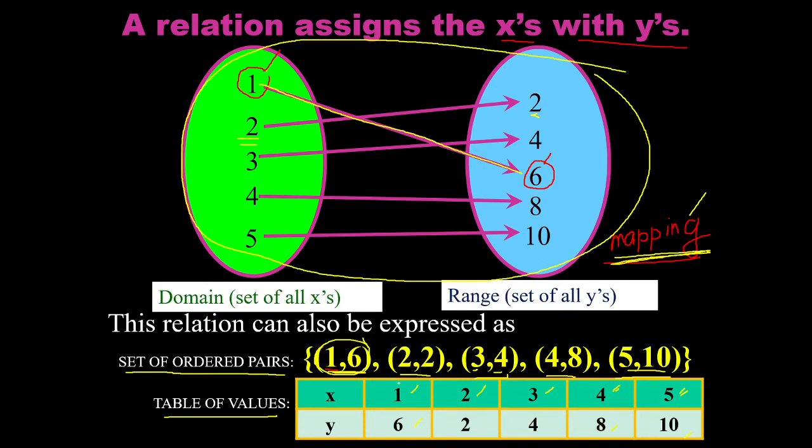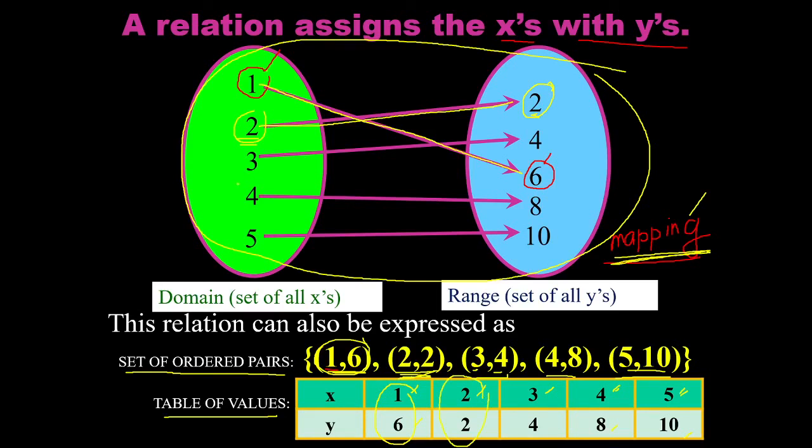And then you are gonna have in the table of values 1 and 6 also. When it comes to 2, 2 is paired with 2 here in our given. And I'm gonna be writing it as (2, 2) as a set of ordered pairs. And then in the table of values, you have it here 2, 2.